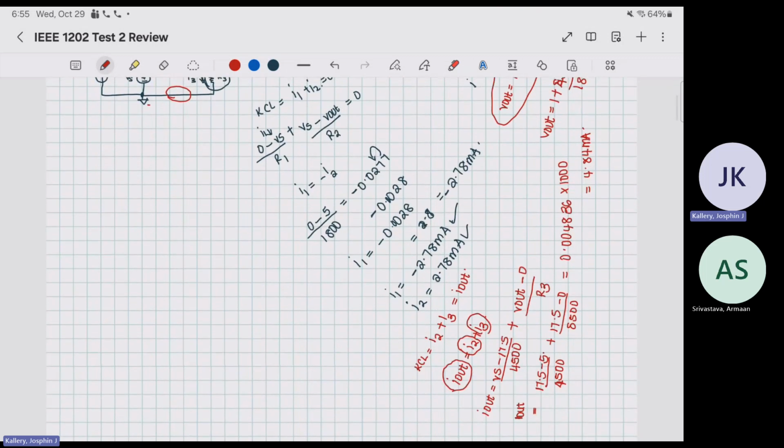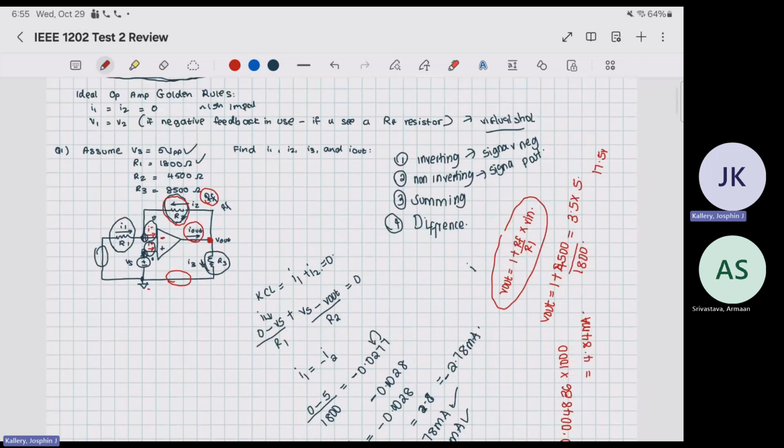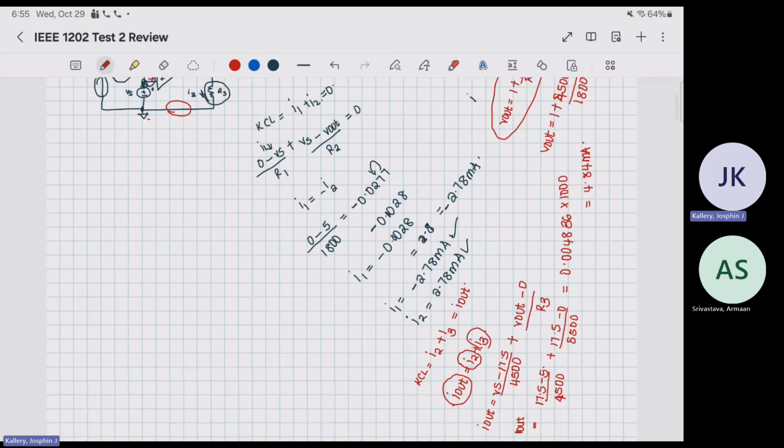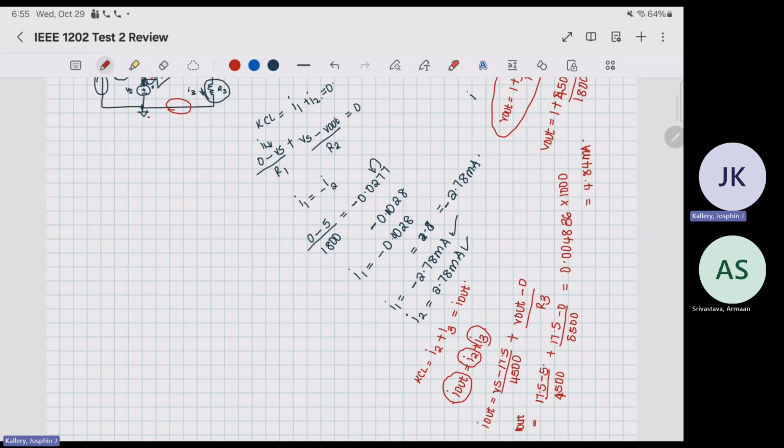We have to get our I3. To get our I3, since we have this equation, it's easy for us, right? We just take I out minus I2 equals I3. You can write it in any way you want, like I3 is equal to I out minus I2.